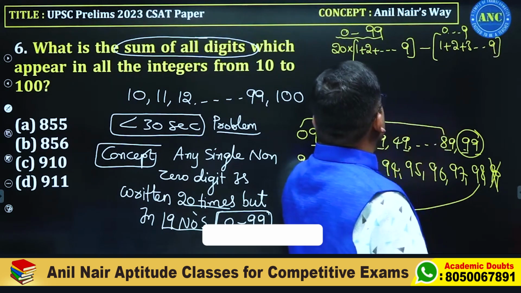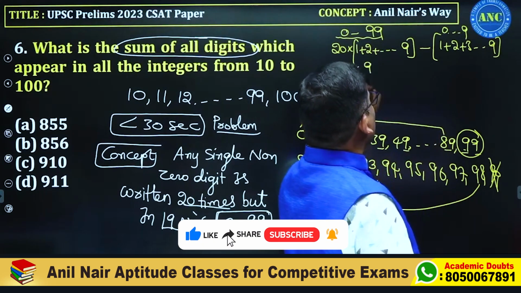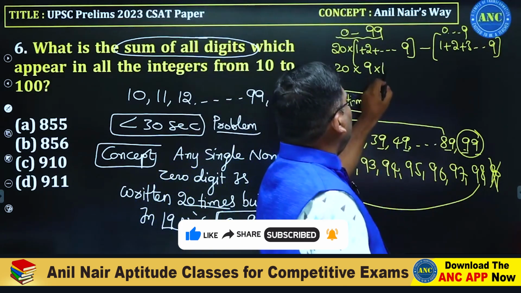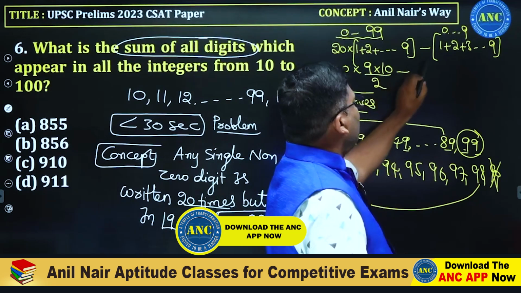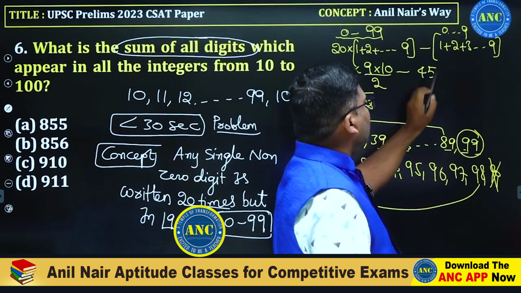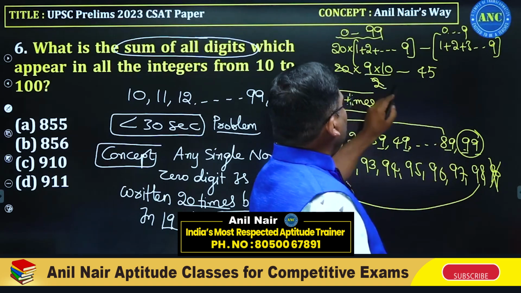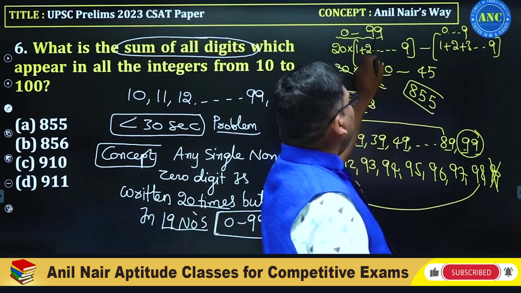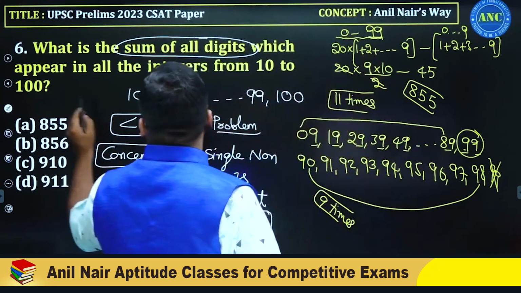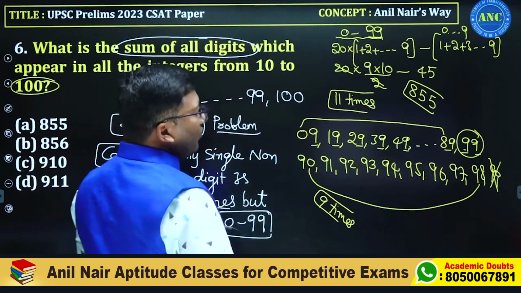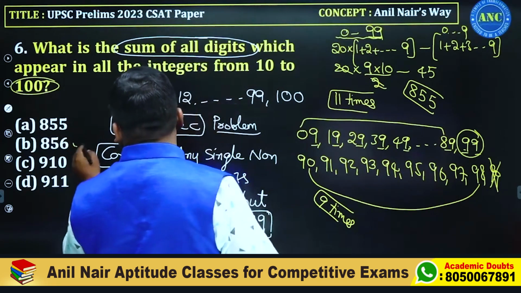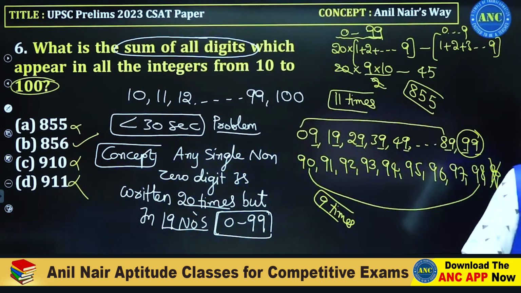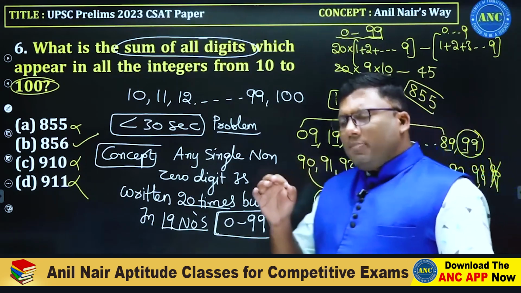So it is 20 into 1 to 9. Sum of the first n natural numbers is n into n plus 1 by 2, which is 45. So this will be 900 minus 45, which is 855. 855 is till 99. Question is still 100, where the digit sum is 1. 855 plus 1. I hope the idea is very much clear to you.